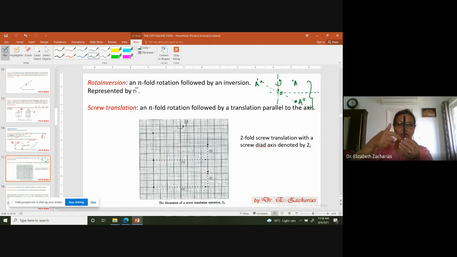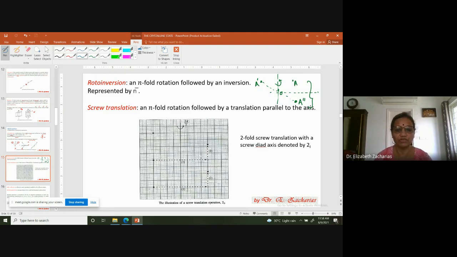Again, a rotation followed by a translation parallel to the axis is called screw translation. Previously, we talked about a rotation and a reflection with a plane perpendicular, whereas here we are talking about a translation parallel. So let's see here, you have a point.